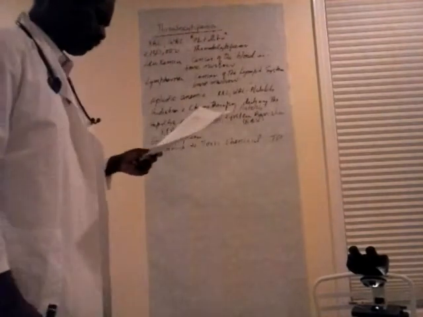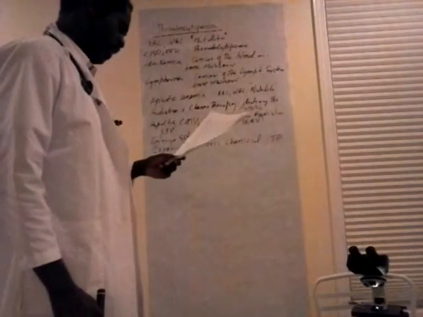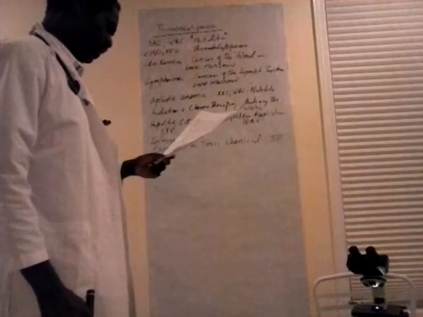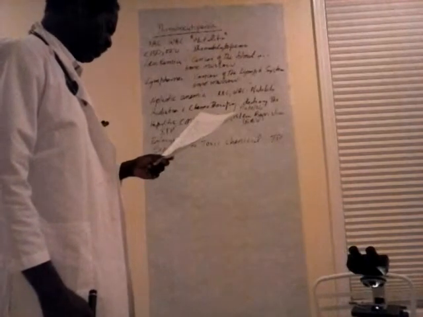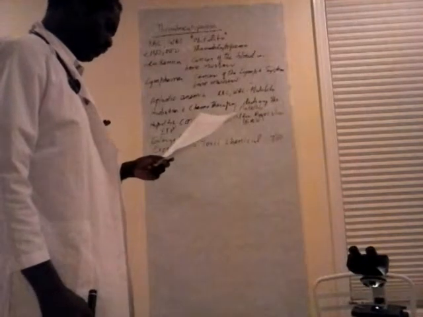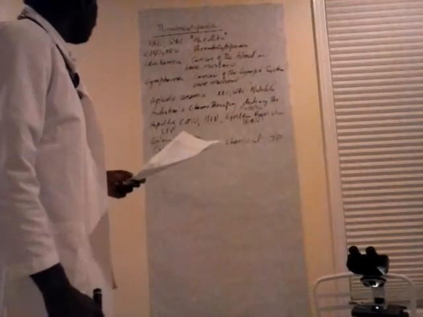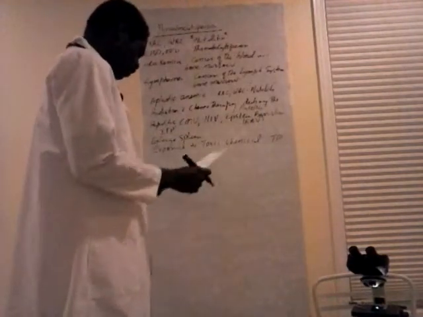Bleeding internally and externally, and bleeding can occur on the surface of the skin or inside the body. And in mild cases of thrombocytopenia, that can be symptomless.